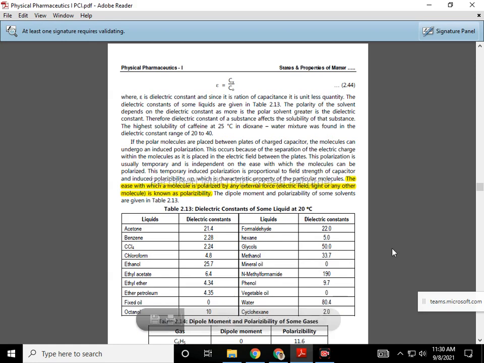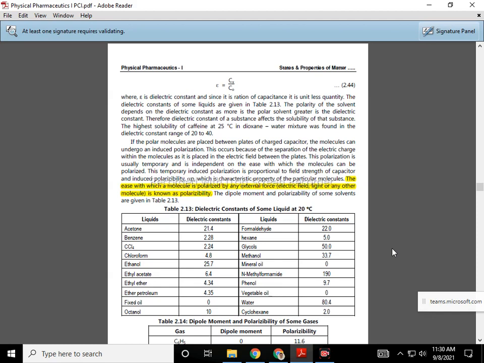Just have a look at this table. See the water where it is and see the dielectric constant value of the water. The dielectric constant value of water is 80. Highest means, first of all, we will exit the correlation.